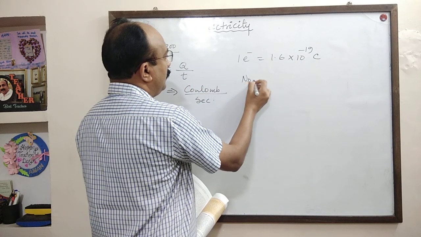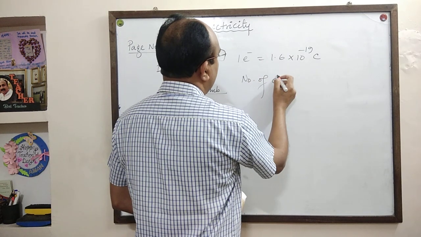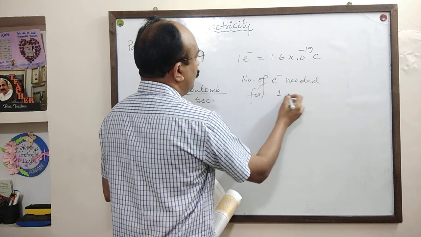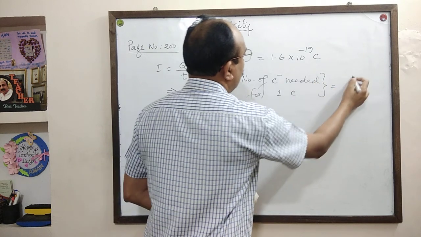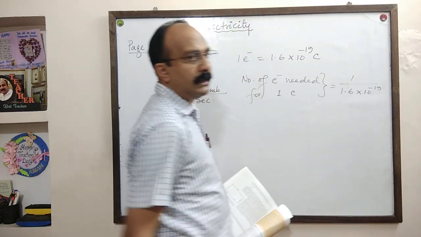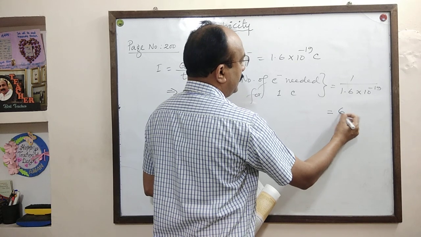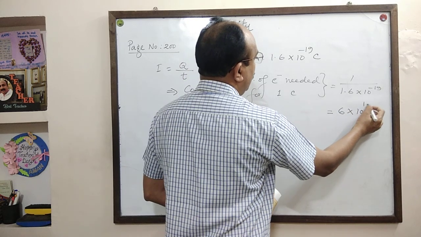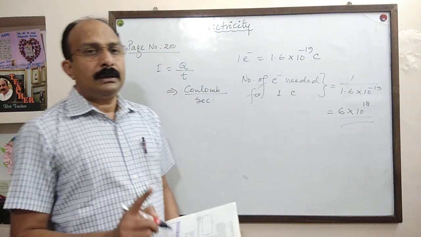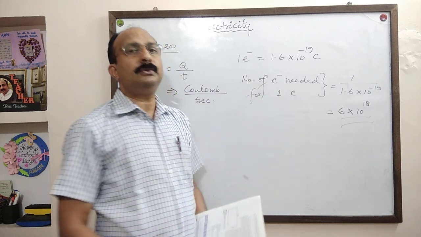So the number of electrons needed for 1 coulomb is equal to 1 upon 1.6 into 10 raised to minus 19, which is approximately 6 into 10 raised to 18. So the number of electrons needed to constitute 1 coulomb charge is equal to 6 into 10 raised to 18.